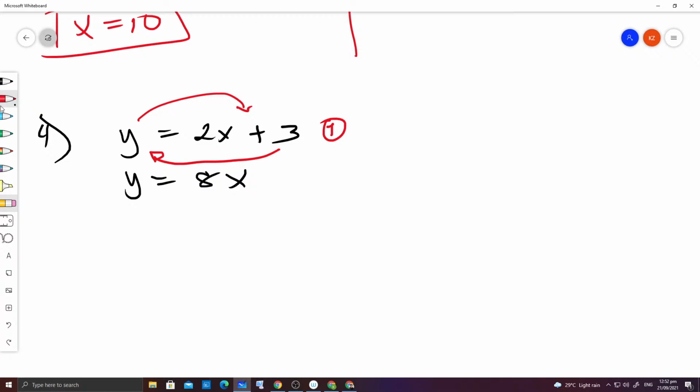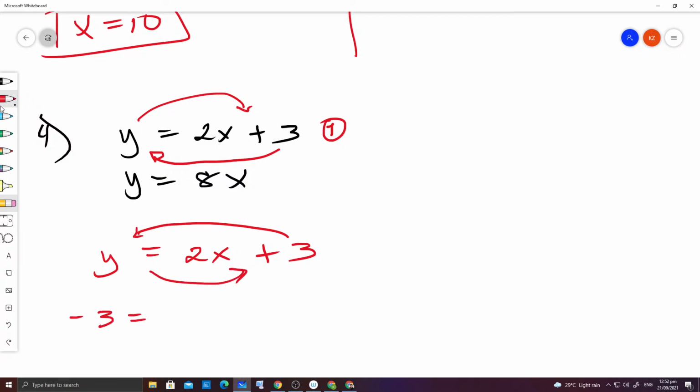I will elaborate. First step, so that you can follow: y equals 2x plus 3. It will become negative 3 equals 2x minus y. Or I can rewrite it as 2x minus y equals negative 3.